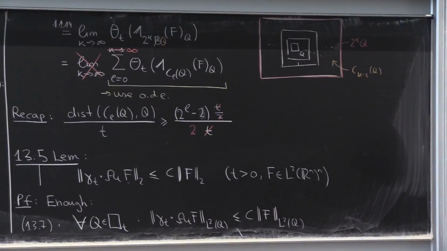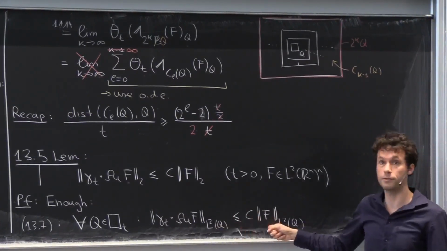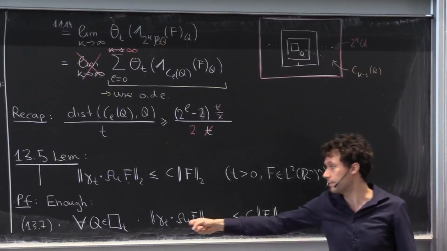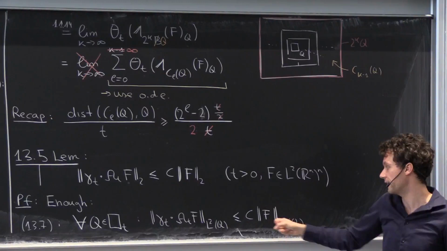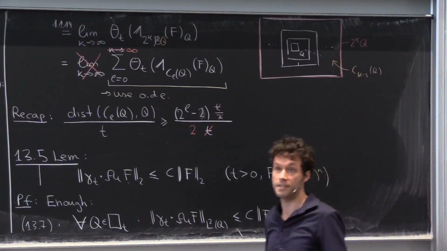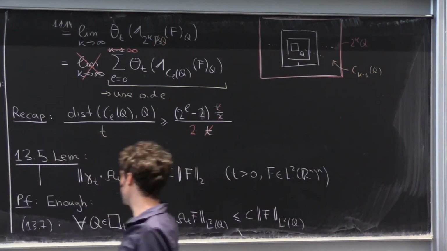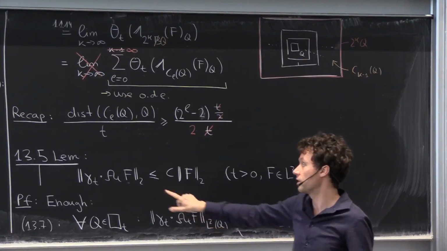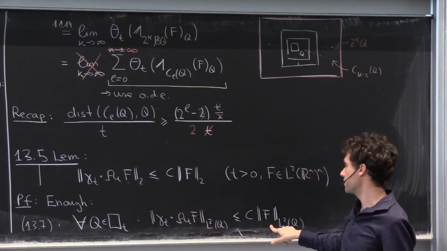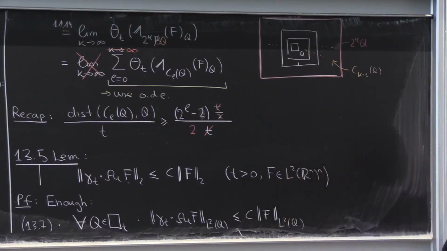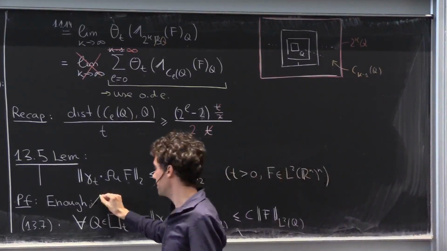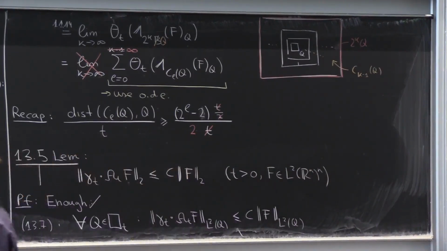Now why is this? Well, imagine I square both sides, then here I'm integrating the function squared over Q, here I'm integrating f squared over Q. Now I sum up over all Q, then the sum on the left hand side is going to produce the global norm, and likewise the sum on the right hand side is going to produce the global norm. Cubes are non-overlapping. So this implies this. Okay, so make a check mark here. We convinced ourselves that this is enough.